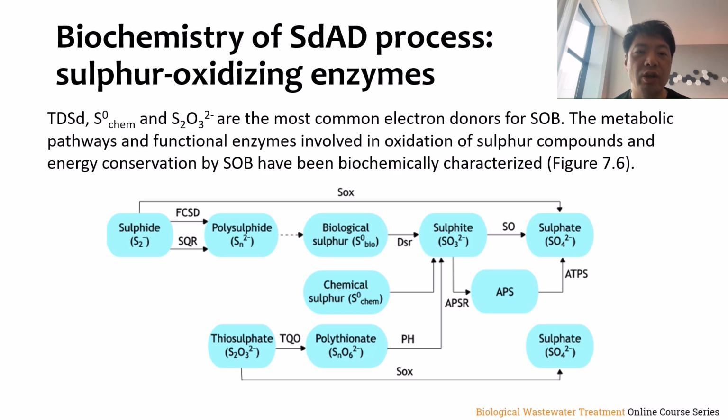The SQR initial reaction product, soluble polysulfide, spontaneously converts into biological sulfur globules. These sulfur globules, formed periplasmically, are transported into the cytoplasm by a sulfur carrier enzymatic system, SCS, and oxidized to sulfite by the DSR enzyme.